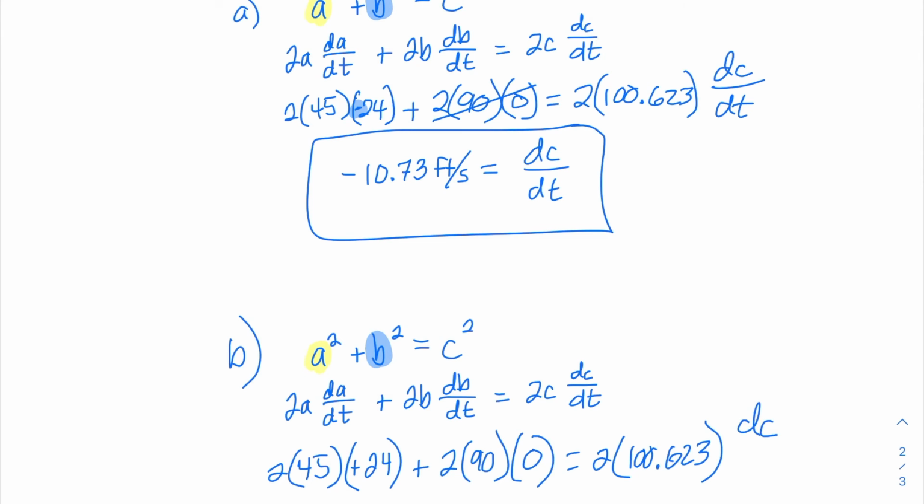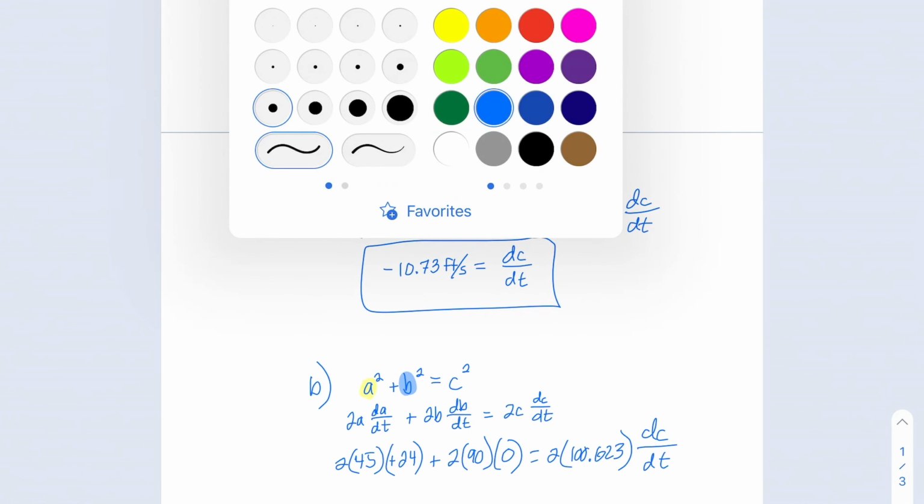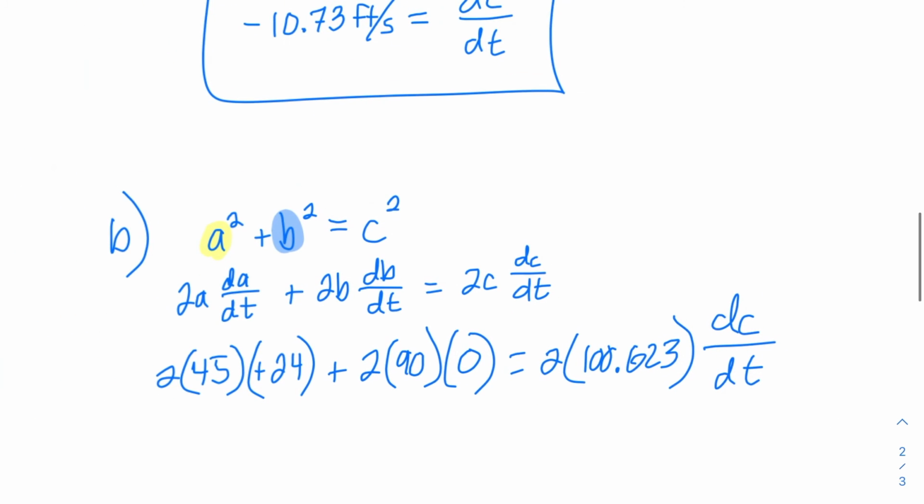And then times the rate at which that hypotenuse, or that distance between where the runner is and where third base is, is changing. So that distance here to here, we want to know how fast that hypotenuse is changing as that runner is halfway to first base. So that's our equation. The 0 term cancels out.